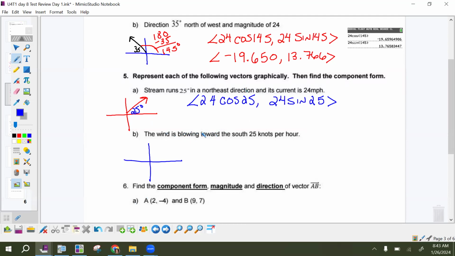The wind is blowing towards the south. So towards the south is this way. So the angle of rotation is 270 degrees.